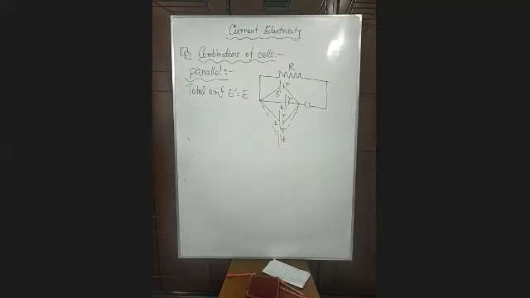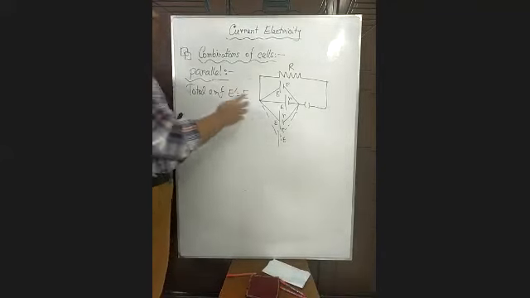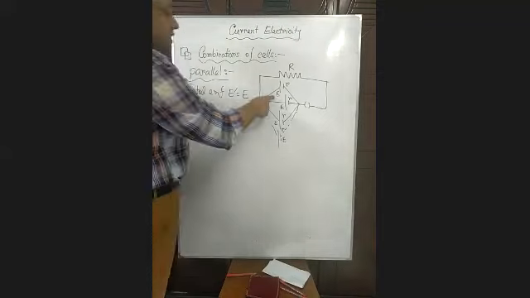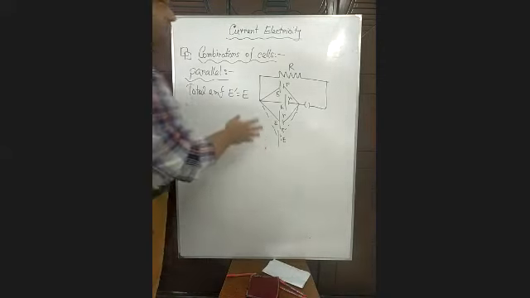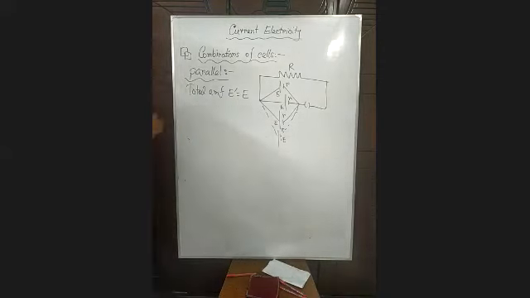The rest of the cells will be deactivated. When the first cell is discharged, then the other cell will work. In such a way, in parallel combination, cells are working. One cell will act and the rest of the cells will just stop. They will not flow any current through it.